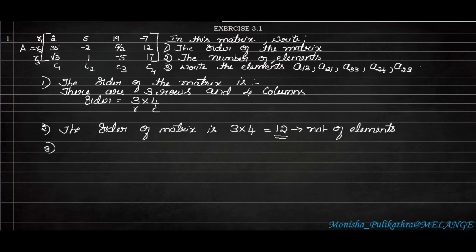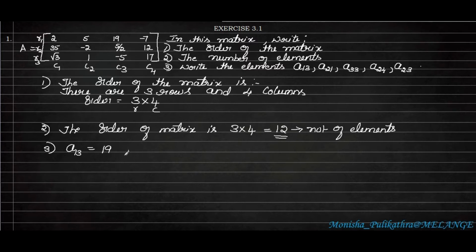Moving on to the third sub question: write the element in A13. In A13, the first digit is the row and the second is the column. A13 means first row, third column, which is 19. So A13 is equal to 19.